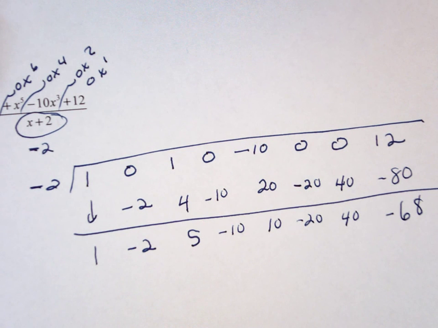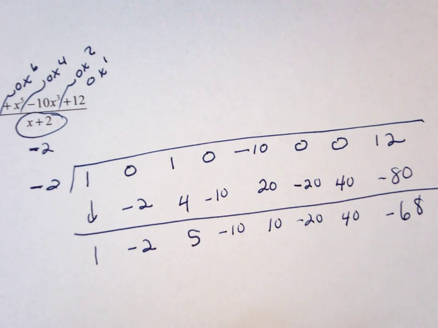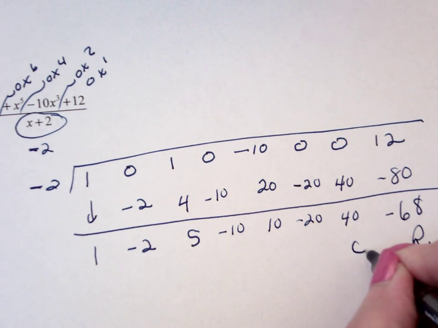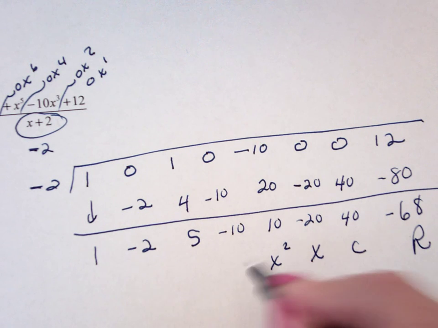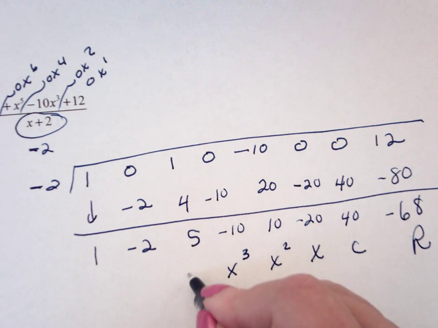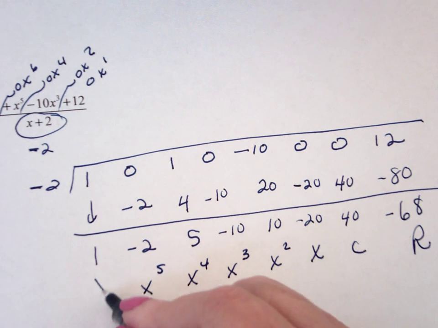Now, how long would that have taken you to do using long division? See, that's why you say, oh, synthetic division, like it. So remember, this is the remainder. This is the constant. X squared, x cubed, x to the 4th, x to the 5th, x to the 6th.